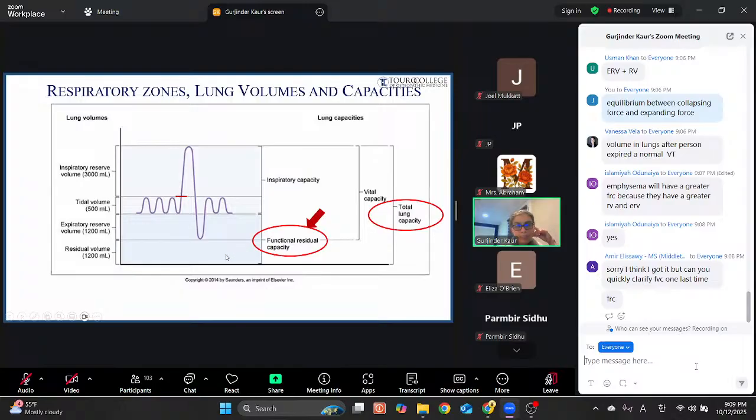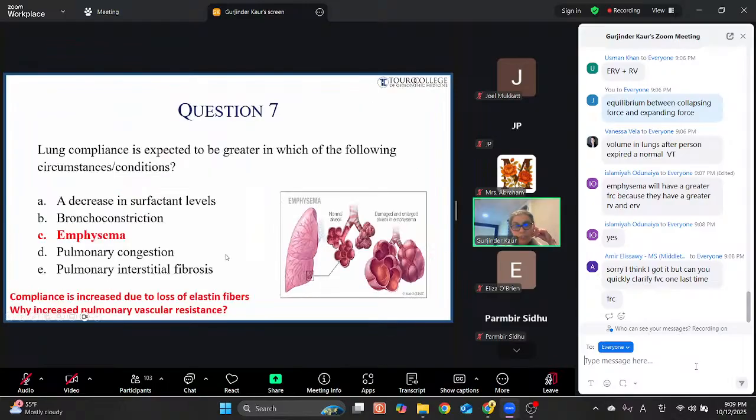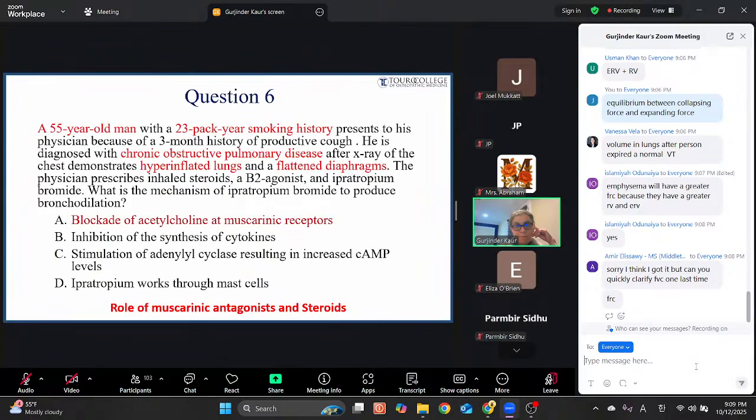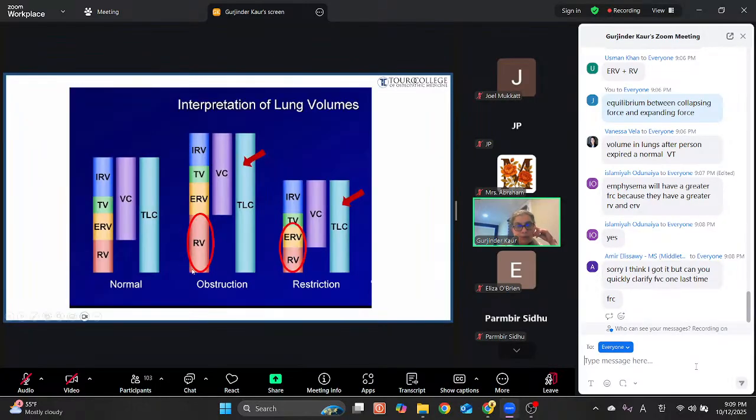This is your functional residual capacity, right? So now what is happening in this patient? If they have emphysema, they are retaining more residual volume. You can see how much, almost double the amount this patient is retaining, right? And since ERV and RV make up FRC for anyone, their FRC number is more now.